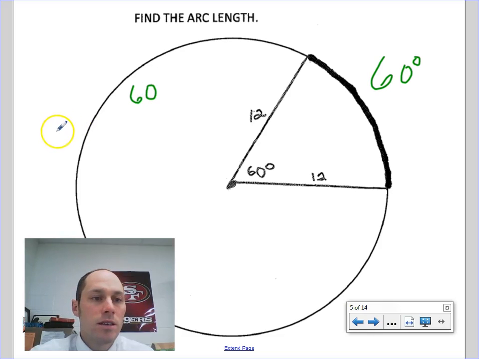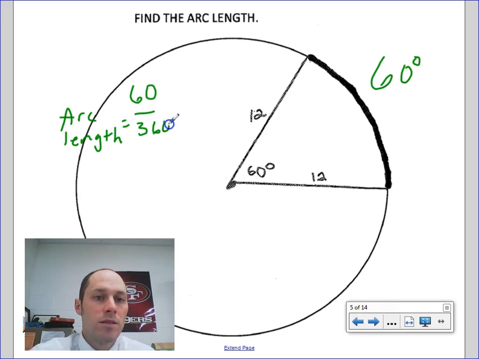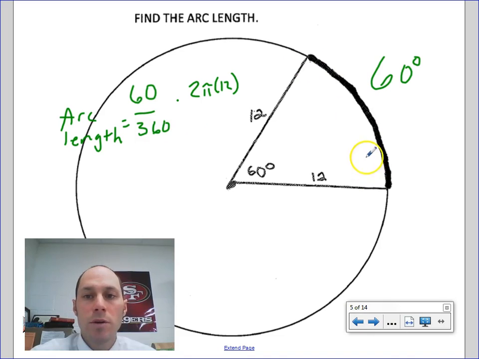So the arc length will equal 60 out of 360 of the circle times 2 pi r, 2 times pi times 12, because that's going to give me my circumference. So basically think of it this way. Find your circumference, 2 times pi times 12, and multiply by the fraction of the circle that we have.